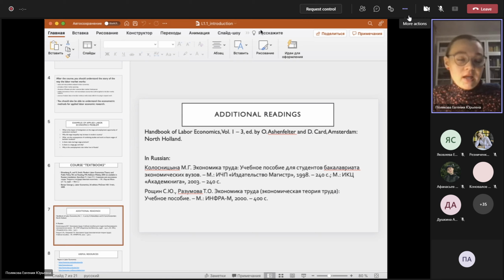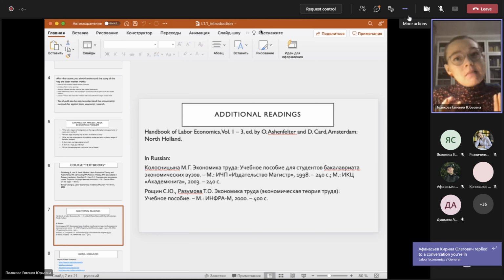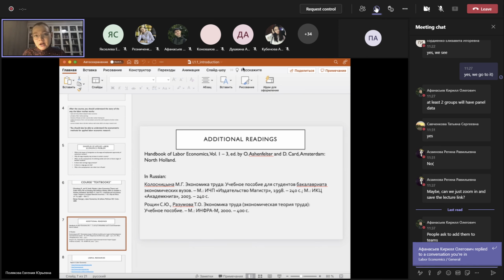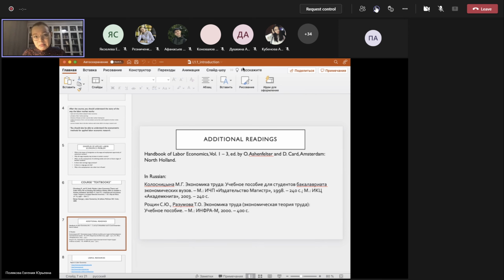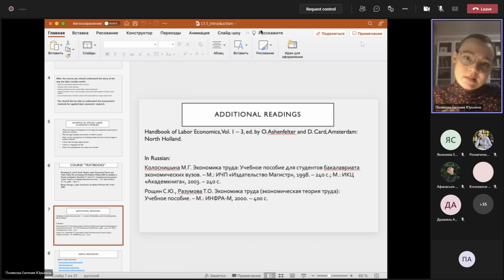It's the book that contains basic articles about different topics. We have, for instance, the Handbook of Microeconomics and Macroeconomics, which contain really basic empirical articles about basic topics from different parts of economic studies. If you feel uncomfortable, read a textbook in English. Maybe if it's challenging for you, we have a textbook in Russian.